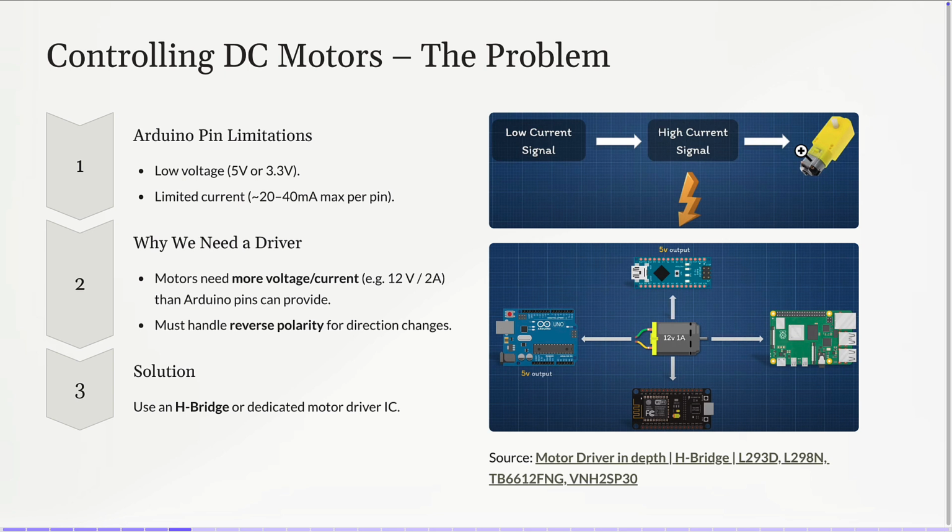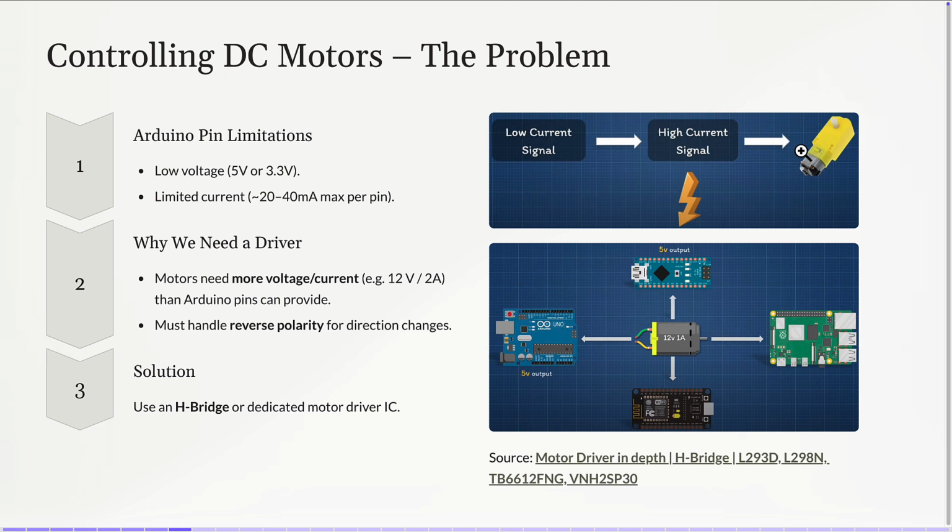So now if the Arduino provides just 5 volts, what happens? We don't have sufficient voltage or current to make this motor rotate. So all these embedded devices cannot control the motor directly, so we need to have something in between.